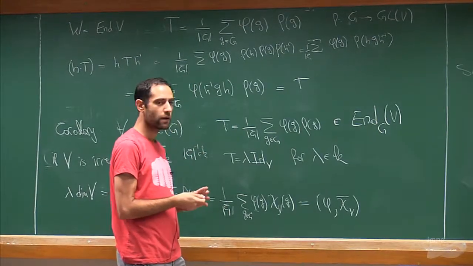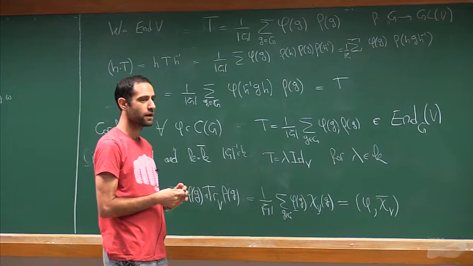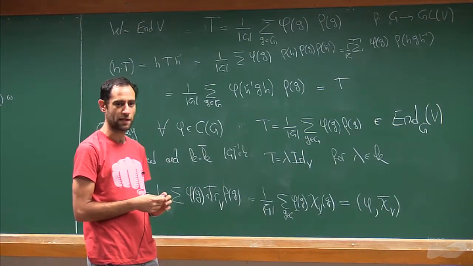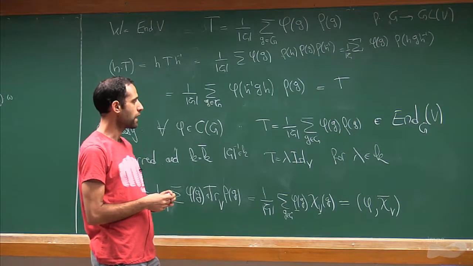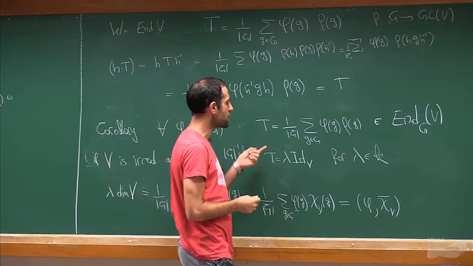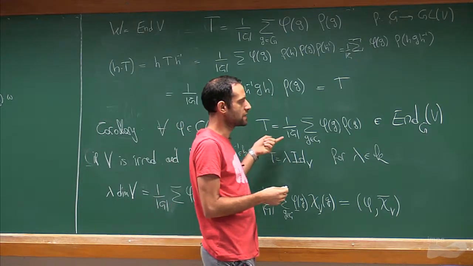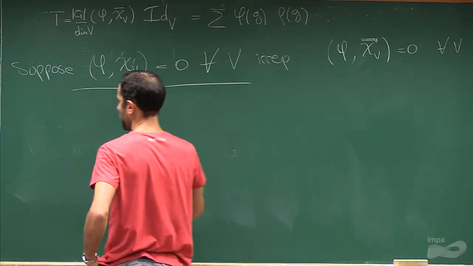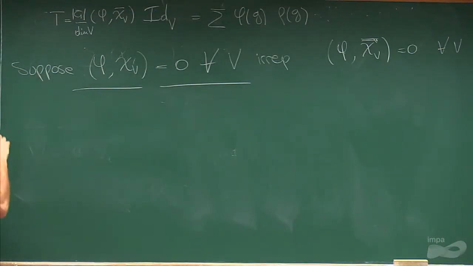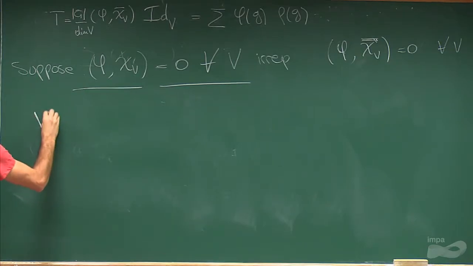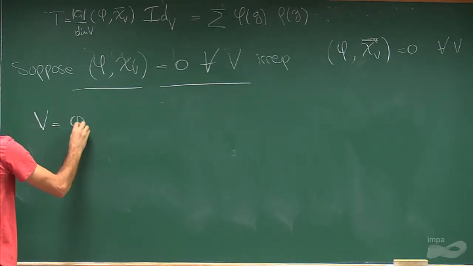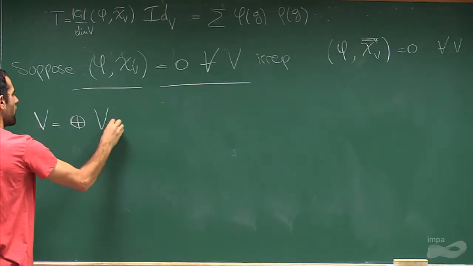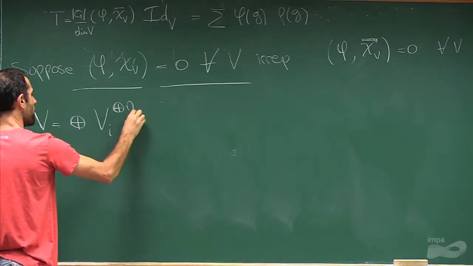Now I decompose that V in irreducible representations. So suppose you have a representation V, which is a direct sum of Vi to the Ni.